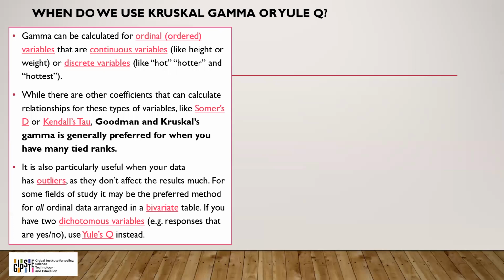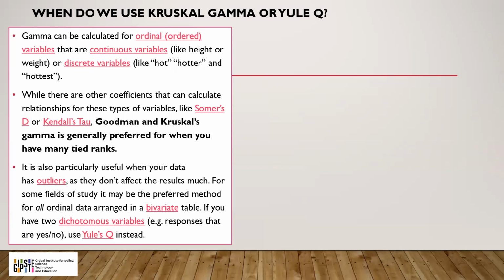When do we use Goodman-Kruskal gamma or Yule's Q? Gamma can be calculated for ordinal or ordered variables that are continuous variables like height or weight, or discrete variables like hot, hotter, and hottest. They are ranked.